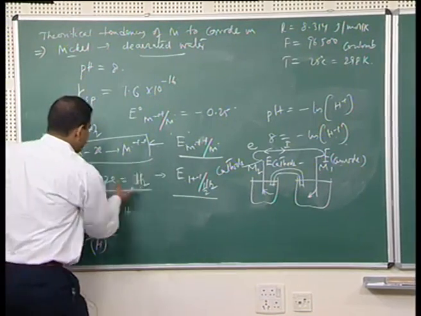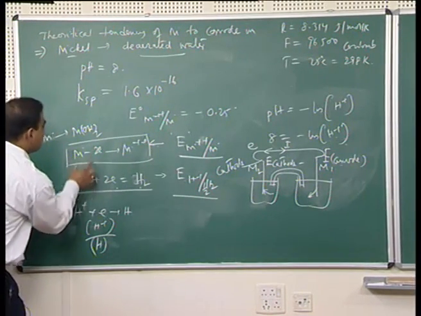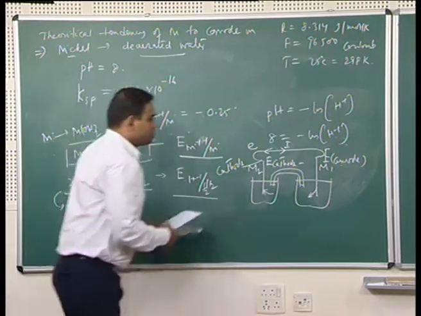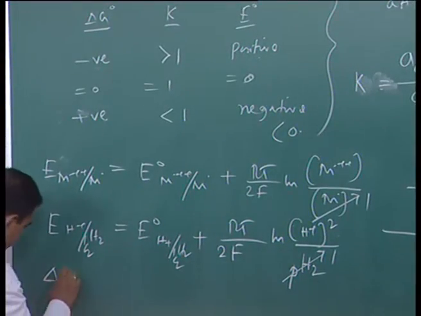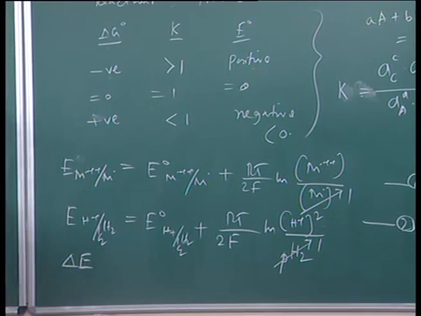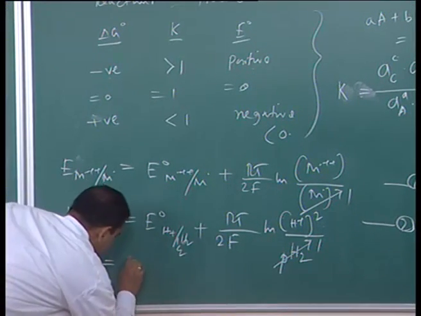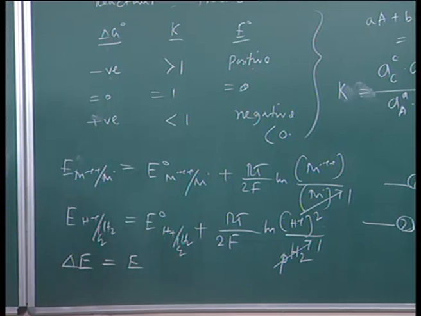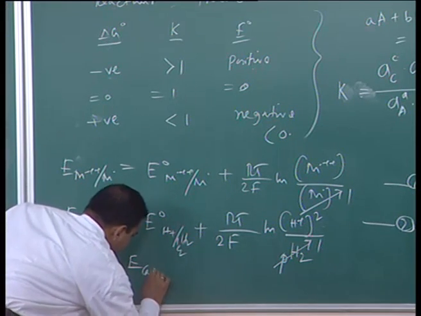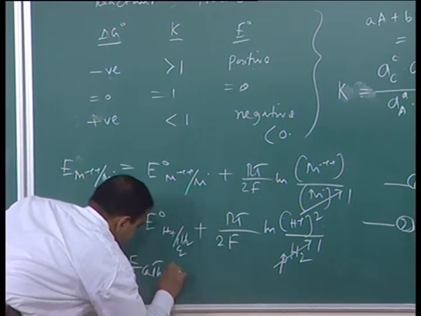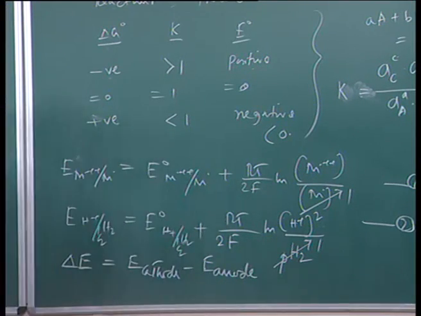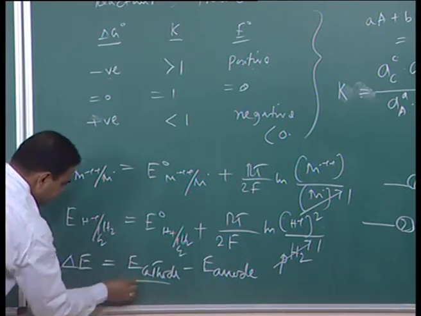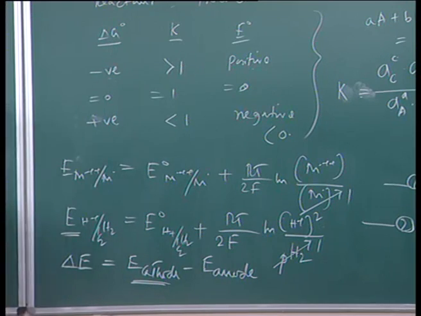Cell potential would be E cathode minus E anode, so delta E equals E of cathode minus E of anode, and the cathode is this and the anode is this.